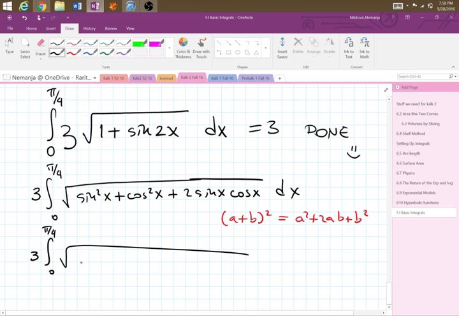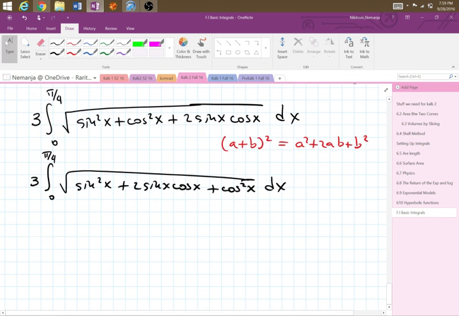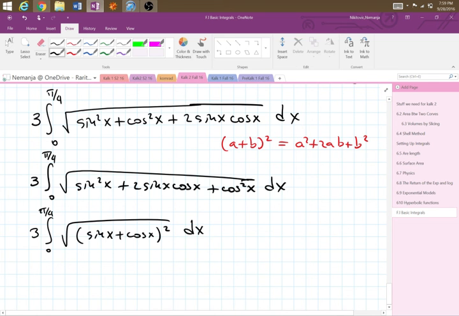Write the sine squared x first, plus 2 sine x cosine x, plus cosine squared x dx, which condenses into the integral from 0 to pi over 4 of the square root of sine x plus cosine x, everything squared, dx.